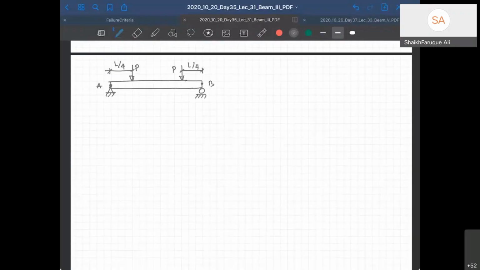Can you please draw quickly? Shear force and bending moment diagrams.